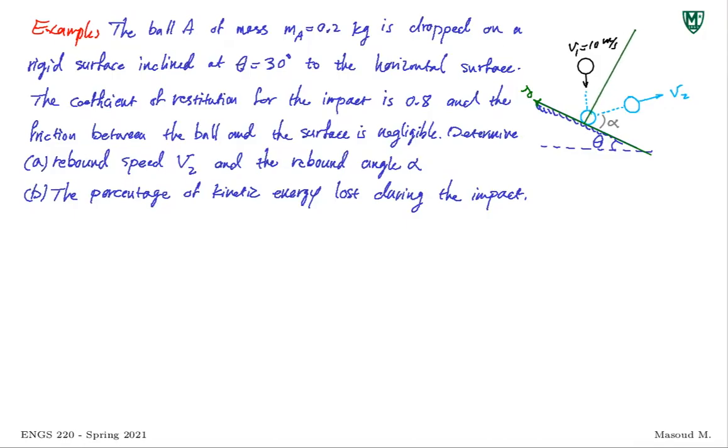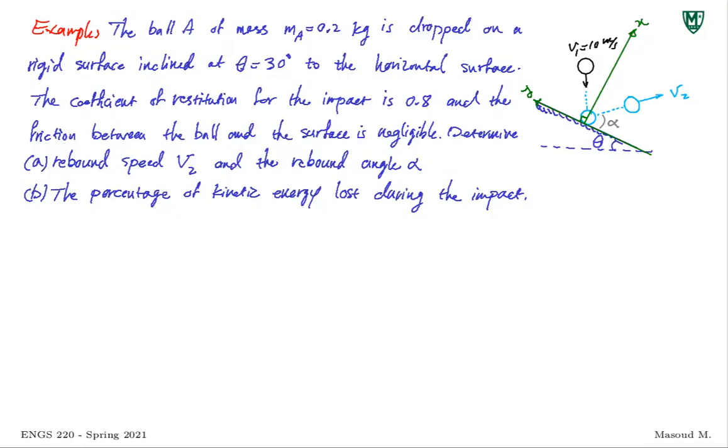This is going to be your line of impact, X. And these two are perpendicular. Now, what is your task? Your task is, given this velocity before impact, to find the components of velocity before impact and after impact.